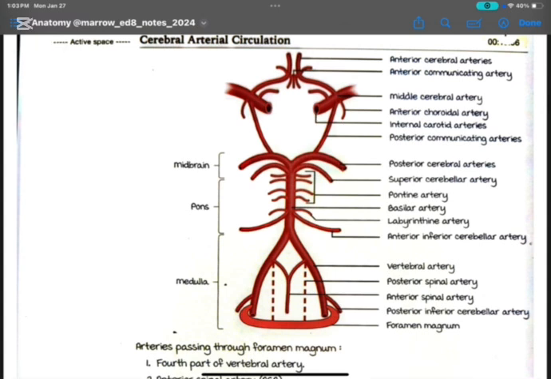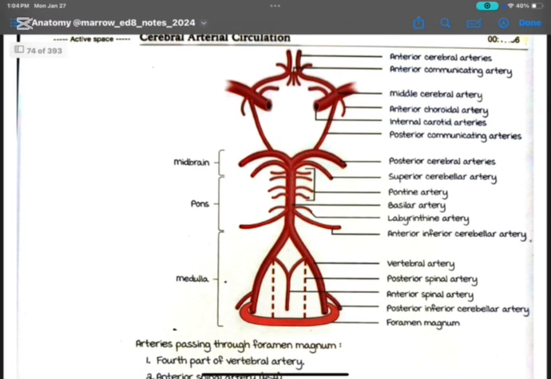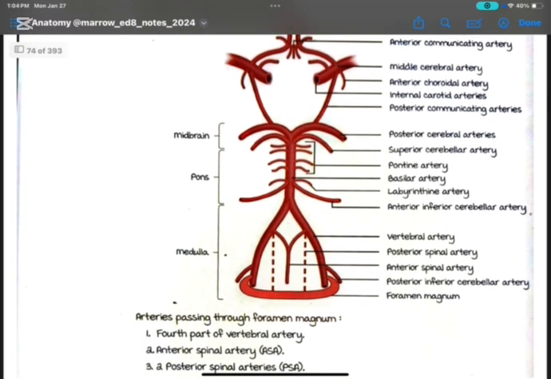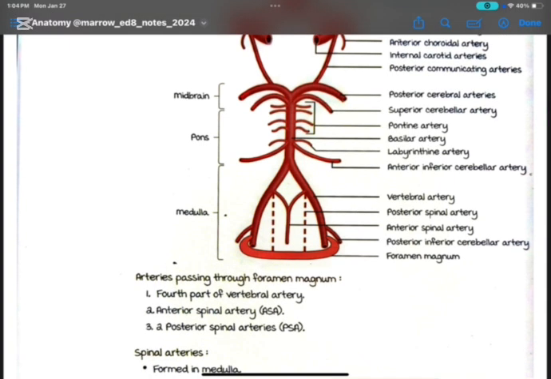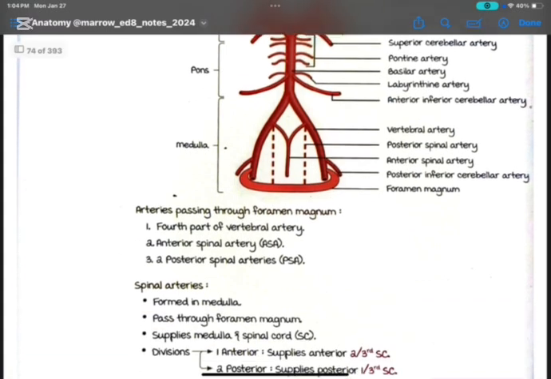This is in the midbrain, pons, and medulla. Midbrain, you have posterior cerebral arteries. Pons, you have superior cerebellar artery, pontine artery, basilar artery, labyrinthine artery, anterior inferior cerebellar artery. Medulla, you have vertebral artery, posterior spinal artery, anterior spinal artery, posterior inferior cerebellar artery, and foramen magnum.